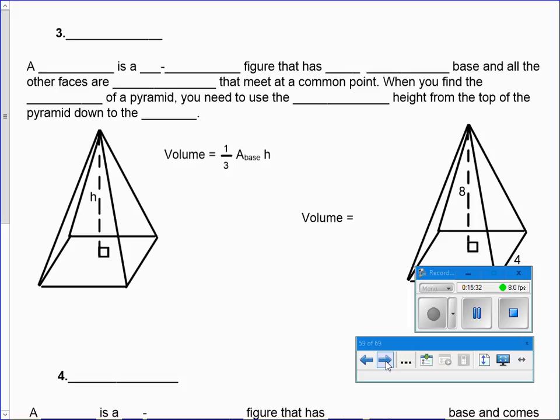Alright, so you got two more 3D figures here. Next one is a pyramid. So the pyramid is a 3D figure, a three-dimensional figure that has one polygon base, and all the other faces are triangles.